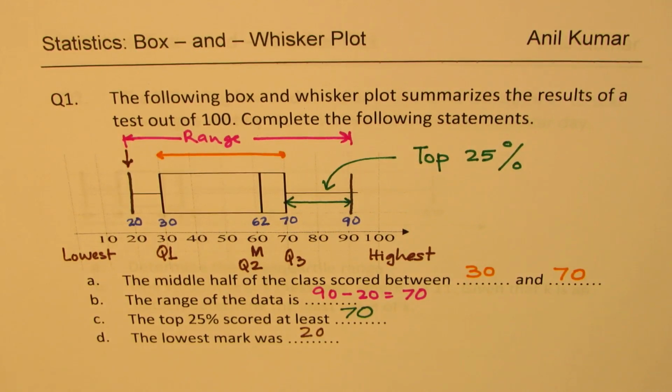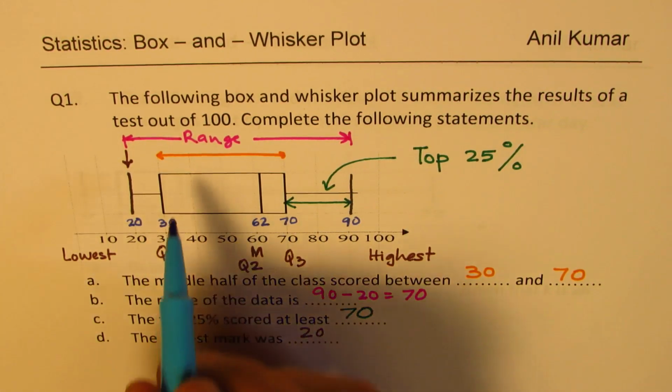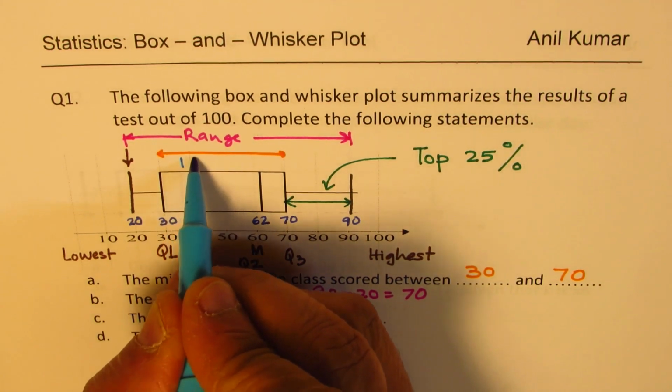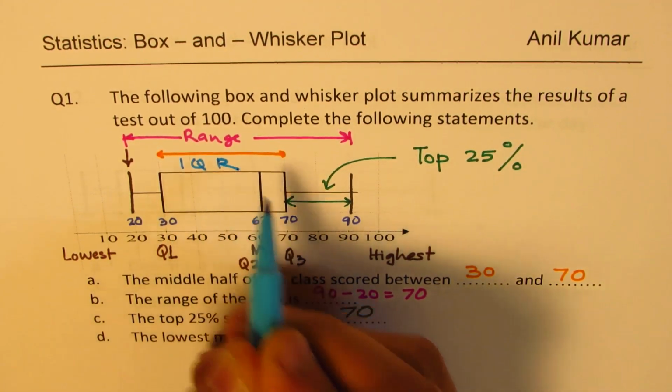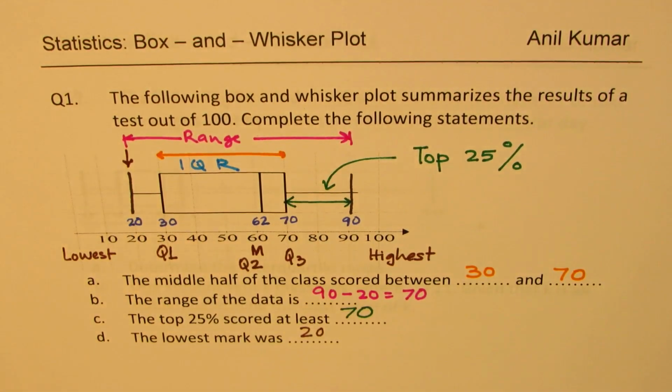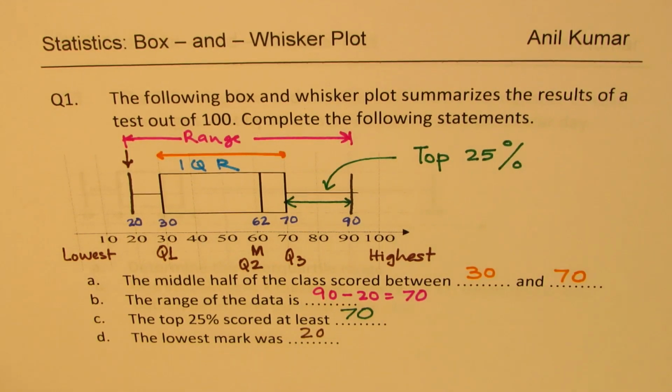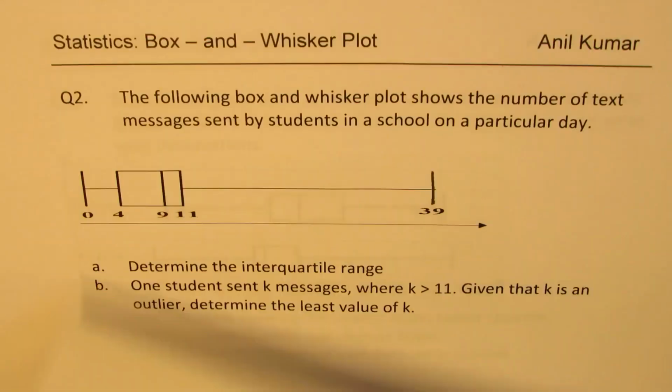Anything in between, which we represent as this particular data, the middle half of this gives you the interquartile range. So that is your interquartile range, right? Now these are important pieces of information which are always there. So I hope that is absolutely clear, right? So now let's move on to the second question.